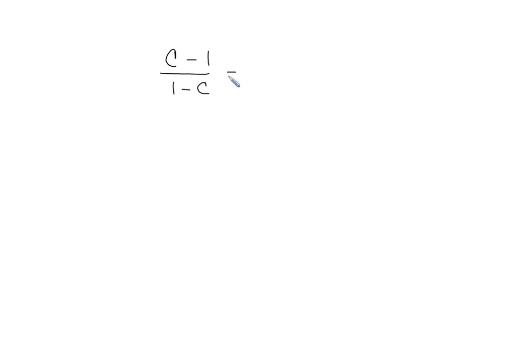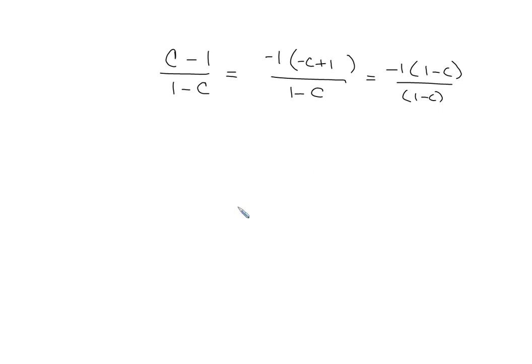Take one of them, it doesn't matter which one, I usually do the top, and factor out a negative 1. We're not multiplying by negative 1, we're factoring it out. When we take that out, it becomes negative c plus 1, which is the same thing as what? So that's how you flip a subtraction problem around. Now what happens? They cancel out, leaving you negative 1.